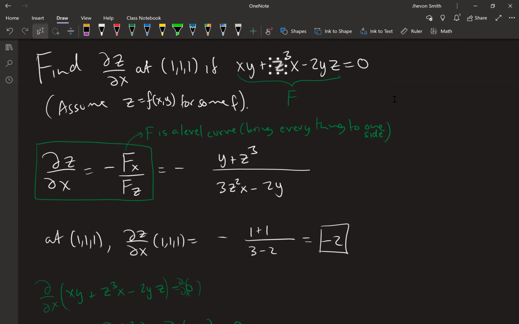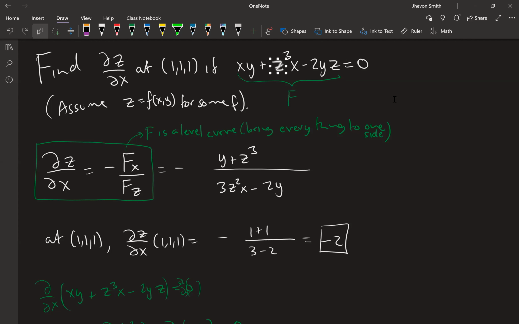So when you see a z, it's not really a z. It's really some function that has x's in it. And since I'm differentiating with respect to x, I can't think of that z as a constant as I would normally do, because there are x's inside somewhere. That's how you're thinking of it.